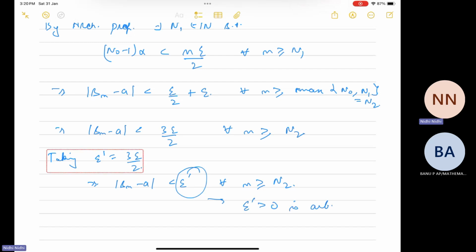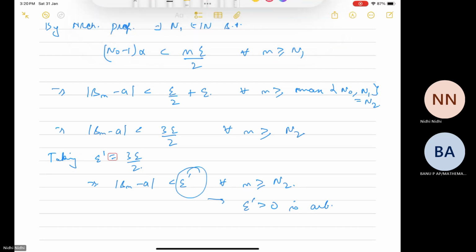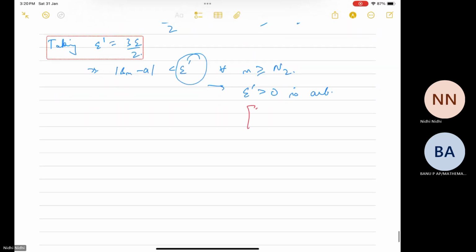Arbitrary. Since any epsilon dash positive can be written as epsilon dash equal to 3 by 2 times epsilon for some real number epsilon, obviously we can always find such an epsilon.